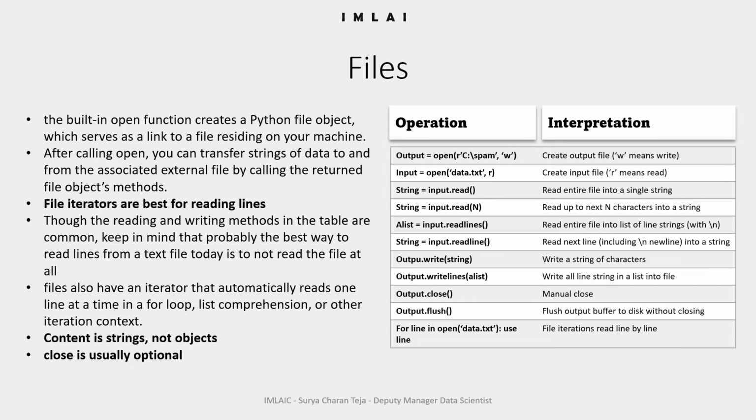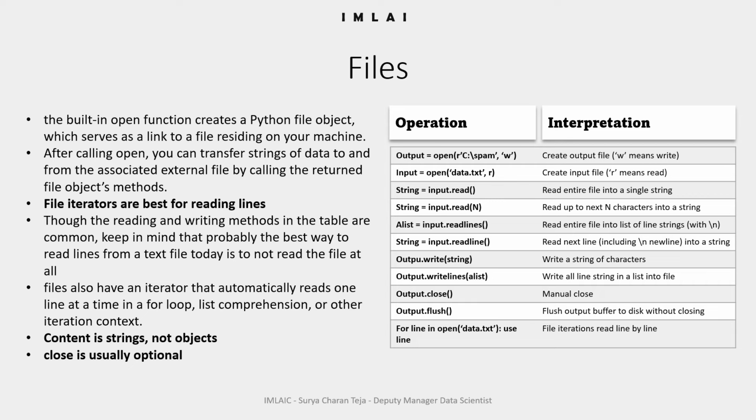Okay, fantastic. So now let's look into some of the operations that we can do with files. Here, if you see, output equals open and some stuff inside the parentheses. Here it creates an output file.